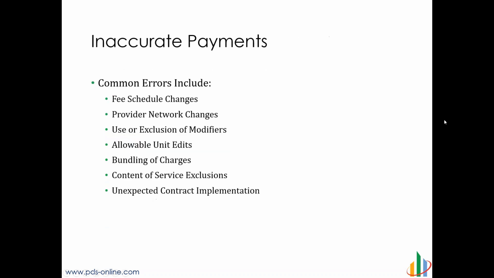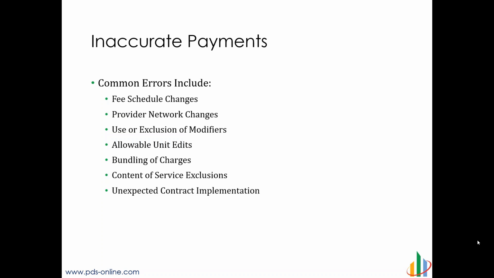So let's use an example here of inaccurate payments. Some of the types of inaccurate payments I've found include fee schedule changes in the middle of the year that we haven't been notified of, provider network changes where a physician gets dropped from a network or added to an incorrect network, and reimbursement changes, unexpected contract implementations, where the payer contracts to implement the Medicare fee schedules, but they implement them on April 1 instead of January 1.